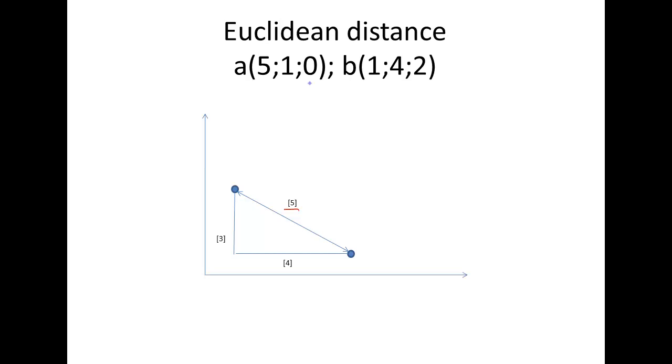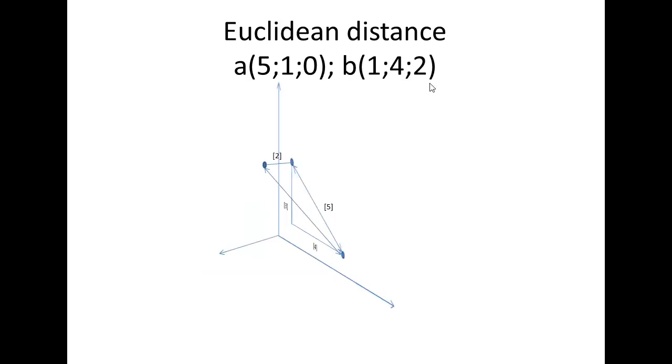We have yet to consider the z-coordinates. What we do next is we go into 3 dimensions, and we take this, this was A, this was B, so that's this distance 5 here already as well. We're going to build a second right triangle.